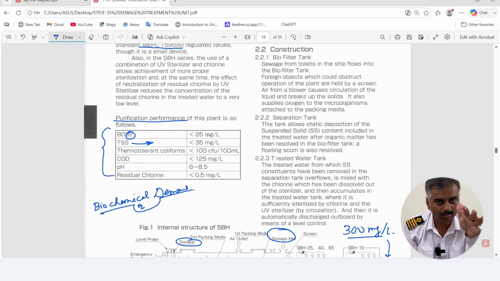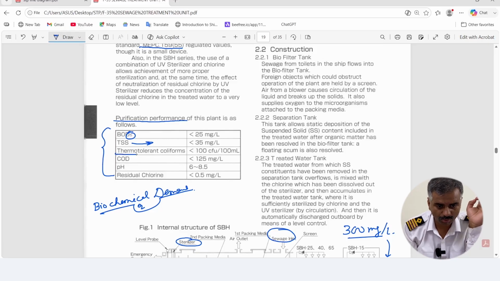When we are talking about water, 1 ppm is almost equal to 1 mg per liter. So total suspended solids should be less than 35 ppm in this last sample.